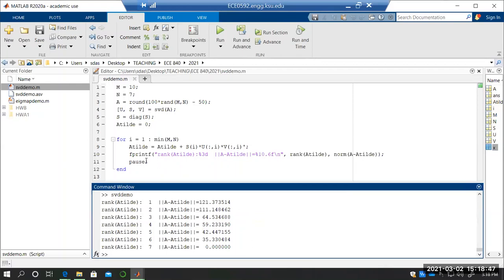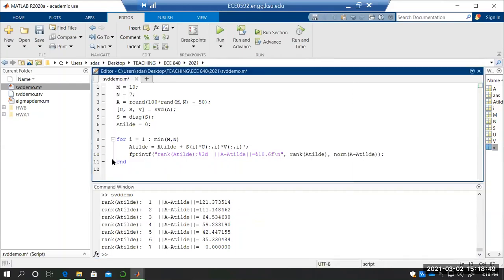And we can do the same thing. Let's remove the pause and do it for a larger matrix. Actually, let's keep this. And what we'll do instead of this is display A and A tilde side by side.